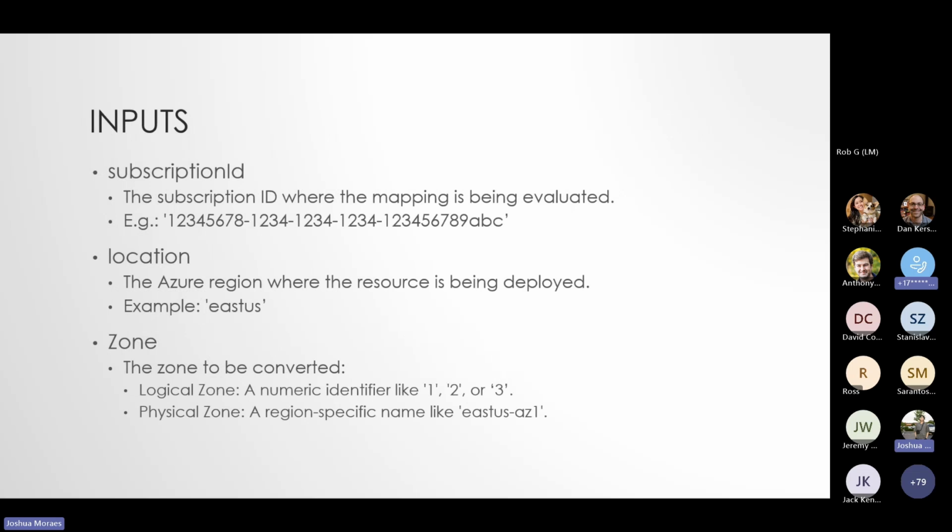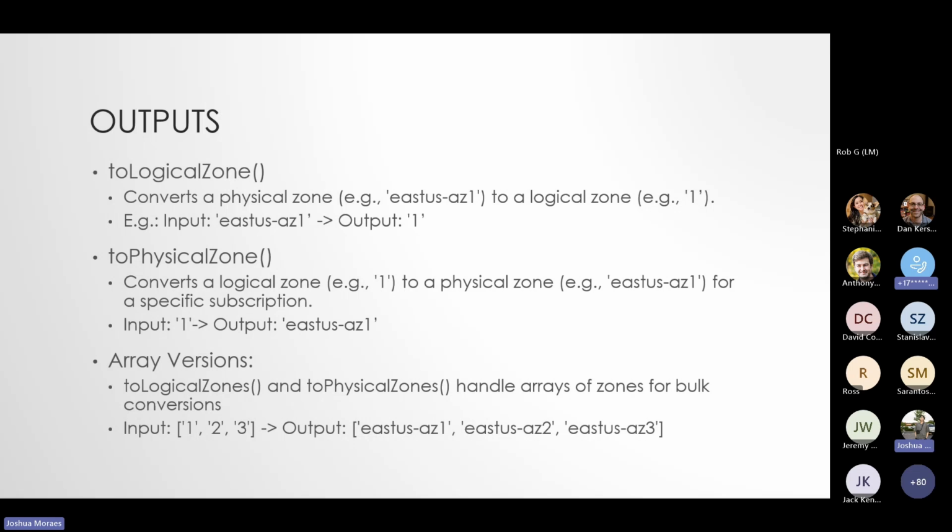The inputs it takes are 3 arguments. There's a sub ID, which would be the mapping where it's being evaluated, and then the location. This is where the resource is being deployed, for example, East US. And then finally, it's a zone. So if you're using toPhysicalZone, your argument would be the logical zone. And if you're using toLogicalZone, it would be the physical zone. And the outputs, as I mentioned before: if you were to use toLogicalZone, you would get a string returned back.